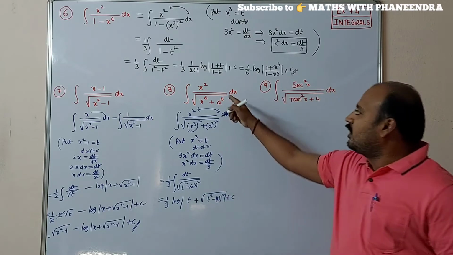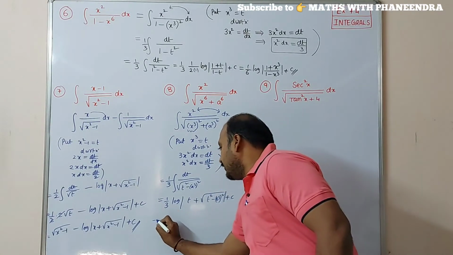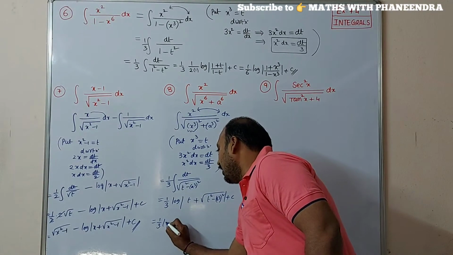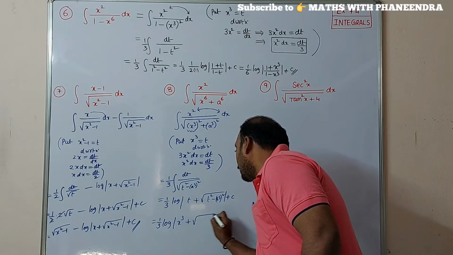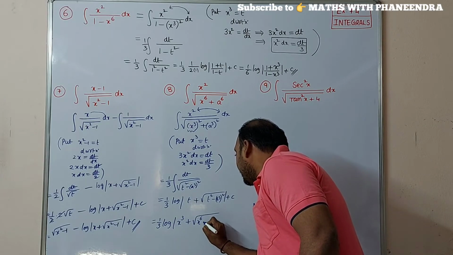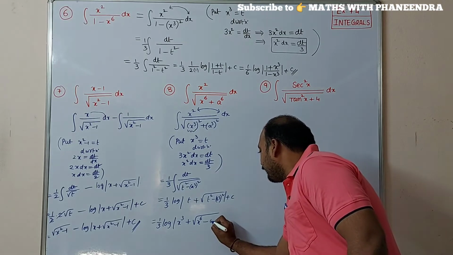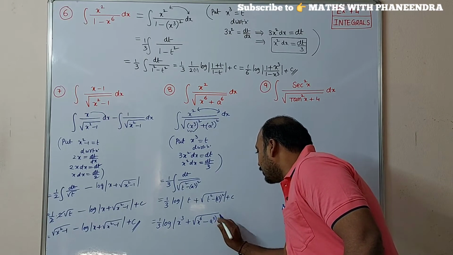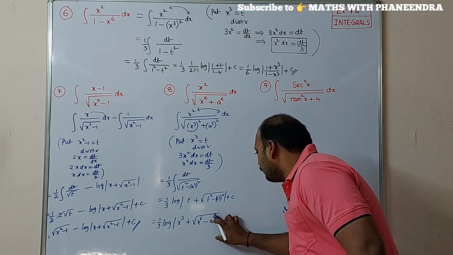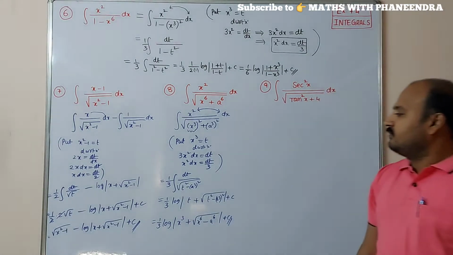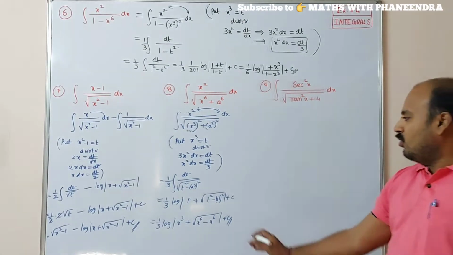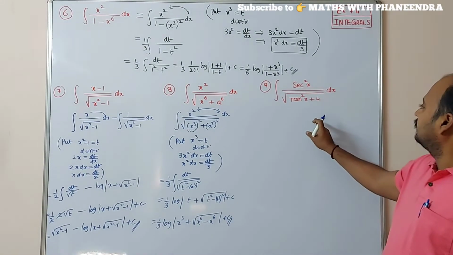In place of t, what we have assumed, we can write it: 1 by 3 log mod x cube plus root over x power 6 minus a power 6, you write it better, plus c. We'll move on to question number 9.